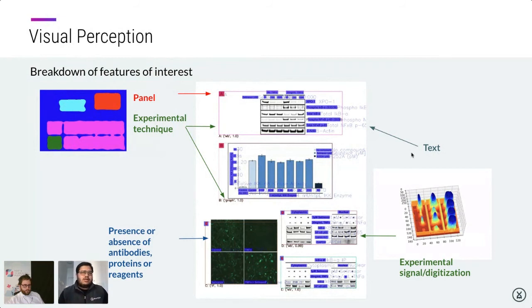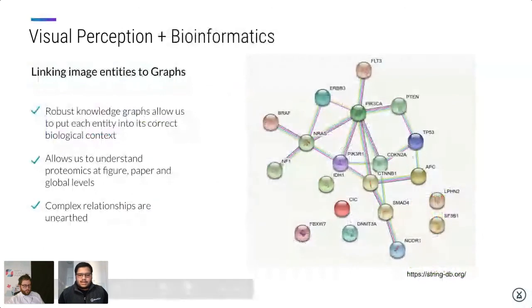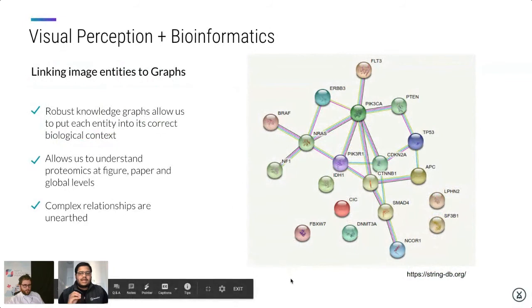And we generally do that by using bioinformatics. Using known relationships and graphs such as protein-protein interaction graphs, which tell us exactly how two proteins interact, we can relate entities found in images and put them in the correct biological context. It allows us to understand the proteomics at a figure, paper, and global level and unearth very interesting relationships.